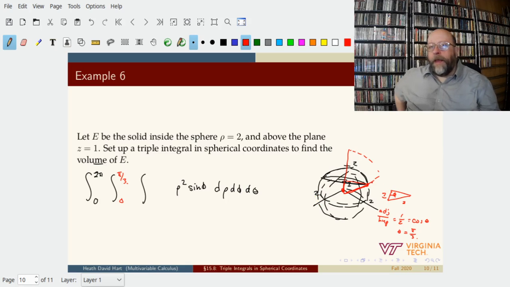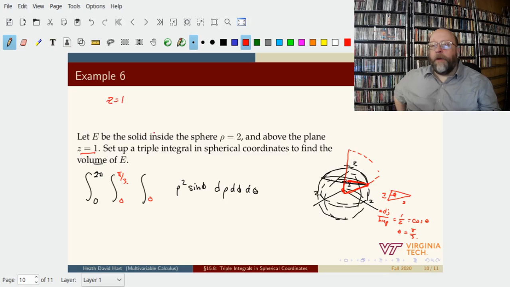And now we've got the hard part: how do we write the plane z equals 1 in terms of rho? As we move out in the radius direction, we start at 0 and we end along z equals 1.